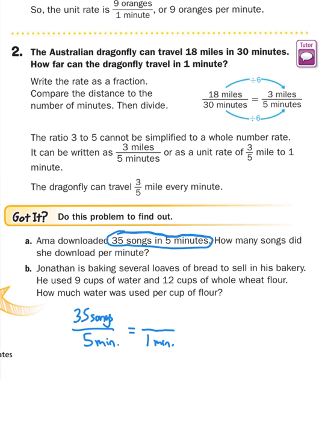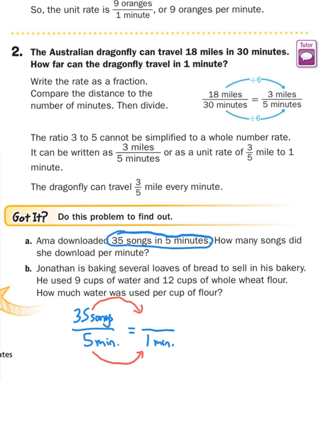All right, now here's what I'm going to have you do since I helped you get this set up. I want you to figure out what you did to 5 to get the 1. Do the same thing to the 35, and you'll get your answer. So pause the video, try this, finish this one on your own, and then restart it to see if you were right. Go.